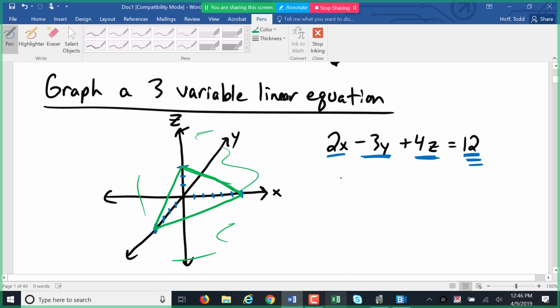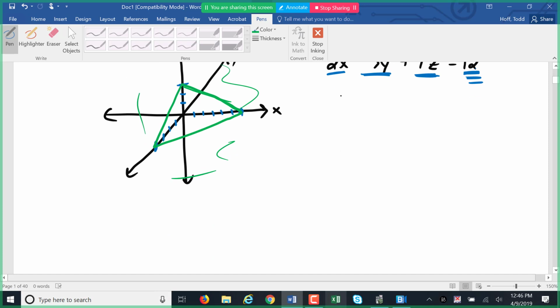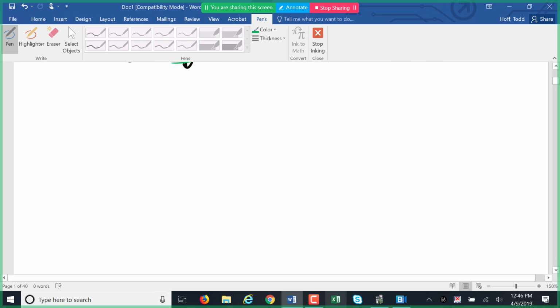So really graphing the 3 variable linear equations is not a practical exercise either. The reason I'm going through all this is our next step is going to be to look at systems of equations.